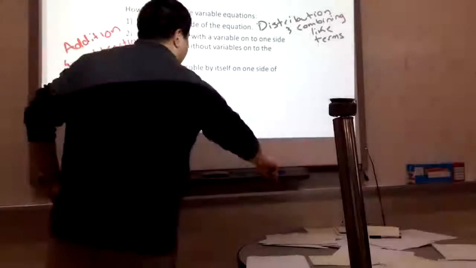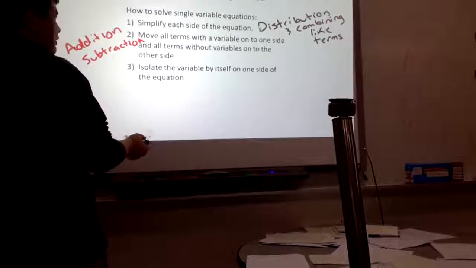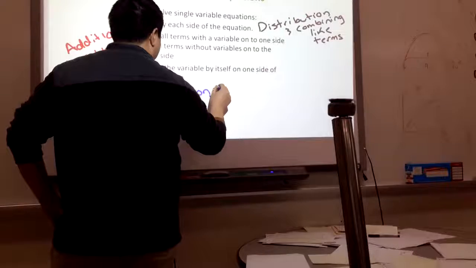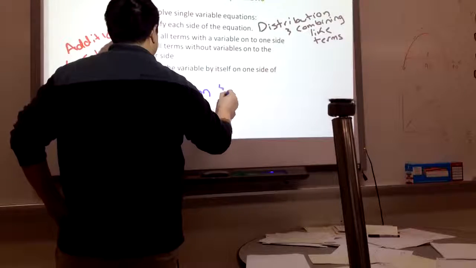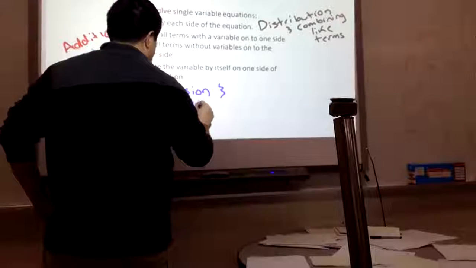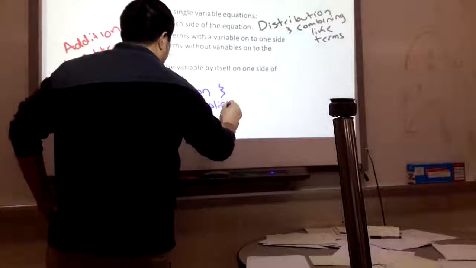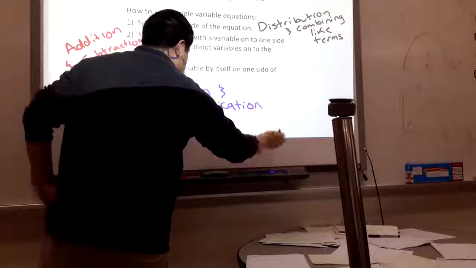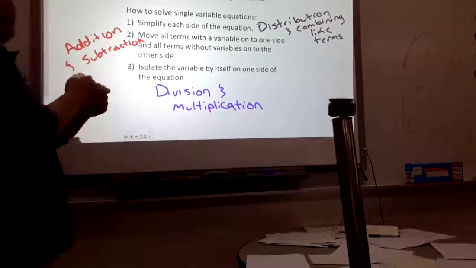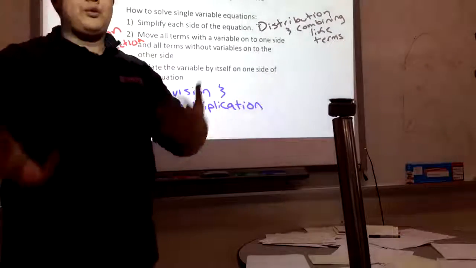Finally, in the third one, we are going to be doing division or multiplication. Please be sure to have these steps in your notes, including what operations are going on with each step.